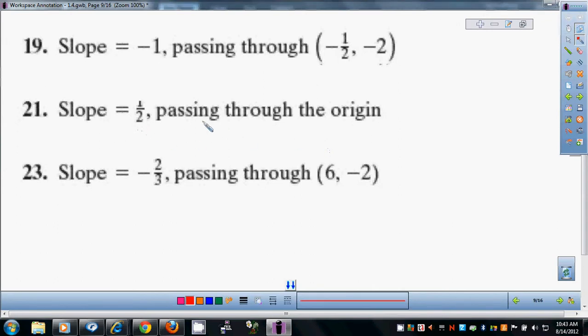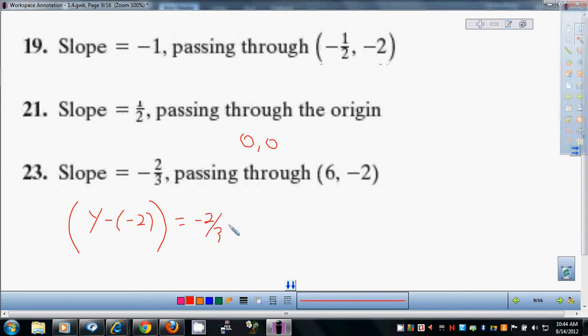Origin, what point is that? (0, 0). These 3 are exactly like the last ones we did. Point, slope. Take a look up here, see if there's one you want to see. They're going to work out the same as the last ones, but I can work one if you'd like to see it. 23. Y minus my y value equals the slope times x minus my x value.